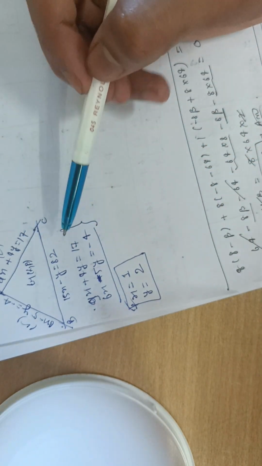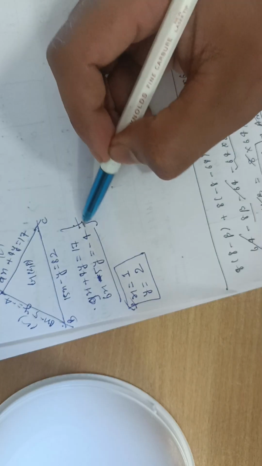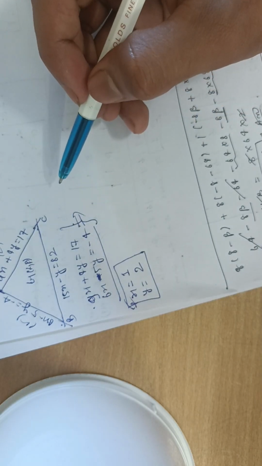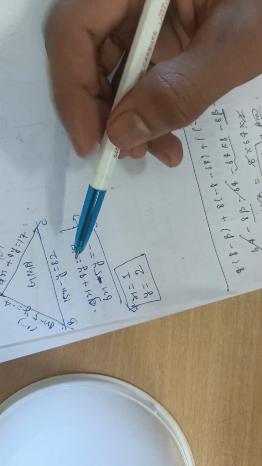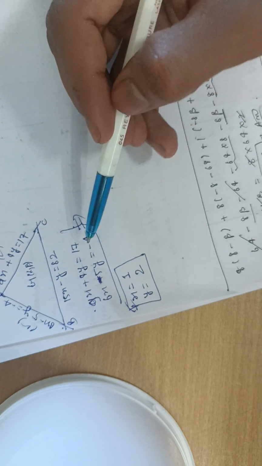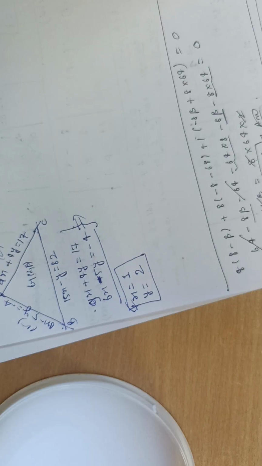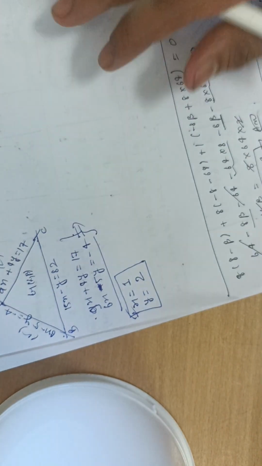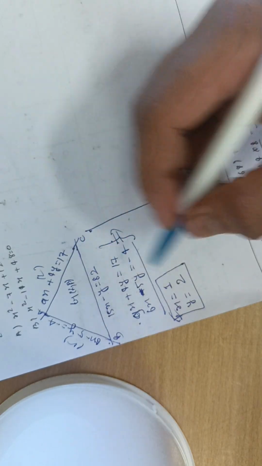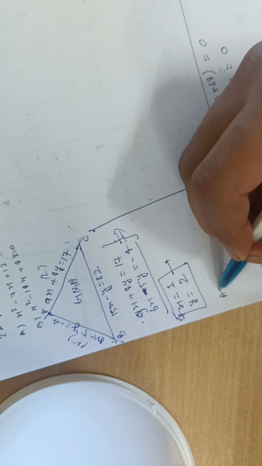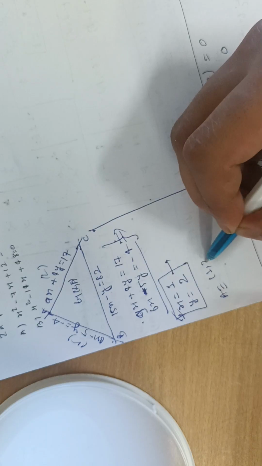In earlier classes you have already learned how to solve linear equations in two variables. Just solve like that and you will get the result. This is the coordinate of A. We have A equal to 1 comma 2.